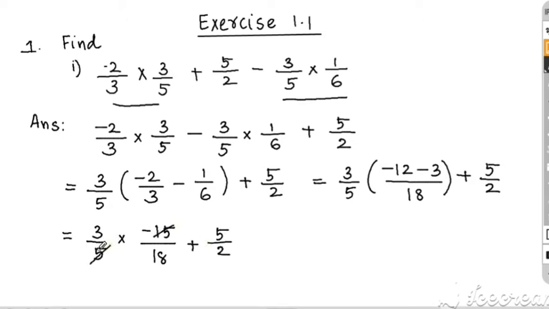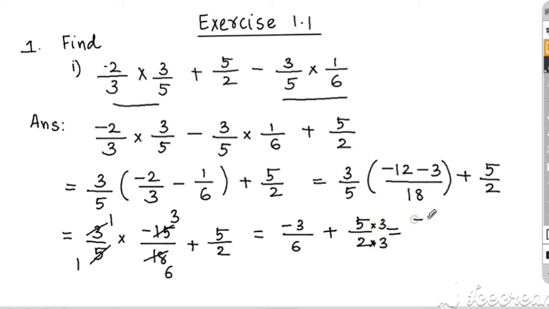Then you can cancel 5 and 15, so you will obtain 1 and 3. Then similarly cancel 3 and 18, you will obtain 1 and 6. So you will obtain negative 3 by 1 times 6 is 6 plus 5 by 2. Then if the denominators are the same, you can add the numerators. So 2, if you multiply 2 by 3, you will obtain 6.